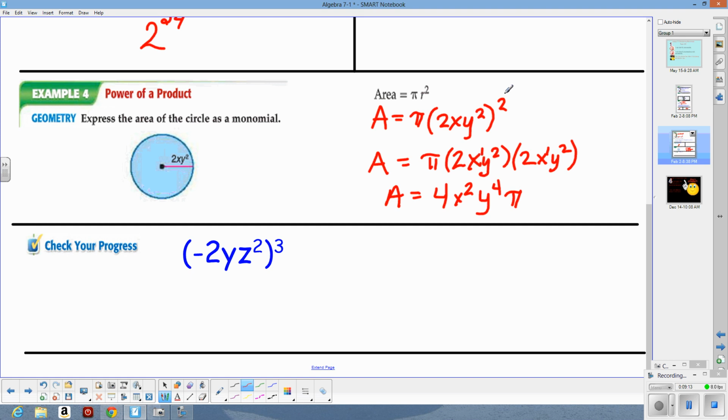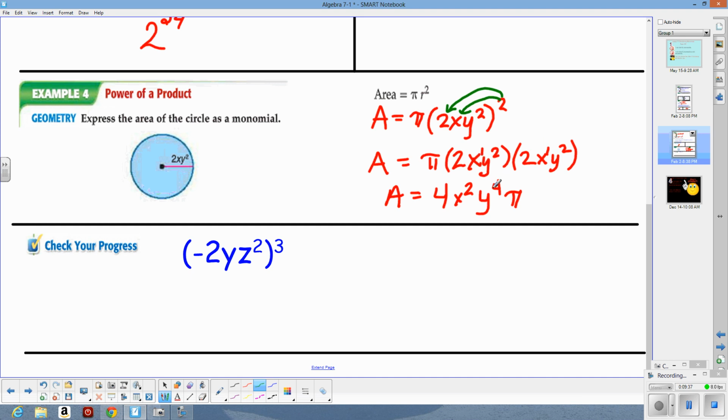Or you can think of it this way. This 2 needs to be applied to everything inside of the parentheses. So it's going to be 2 to the 2nd power. 2 to the 2nd power is 2 times 2, which is 4. And then x to the 2nd power.